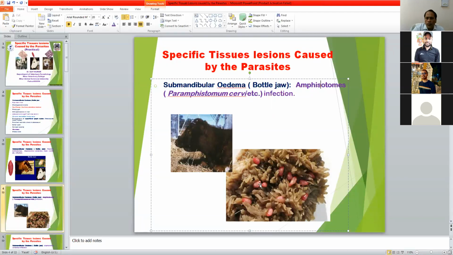This is the rumen and this is the amphistome. This is pear shaped, नाशपाती के आकार का शेप होता है. Reddish pinkish colored amphistome is found in the rumen and reticulum, and this is the bottle jaw. So amphistome leads to hypoproteinemia in the infected host that ultimately causes bottle jaw or submandibular edema.